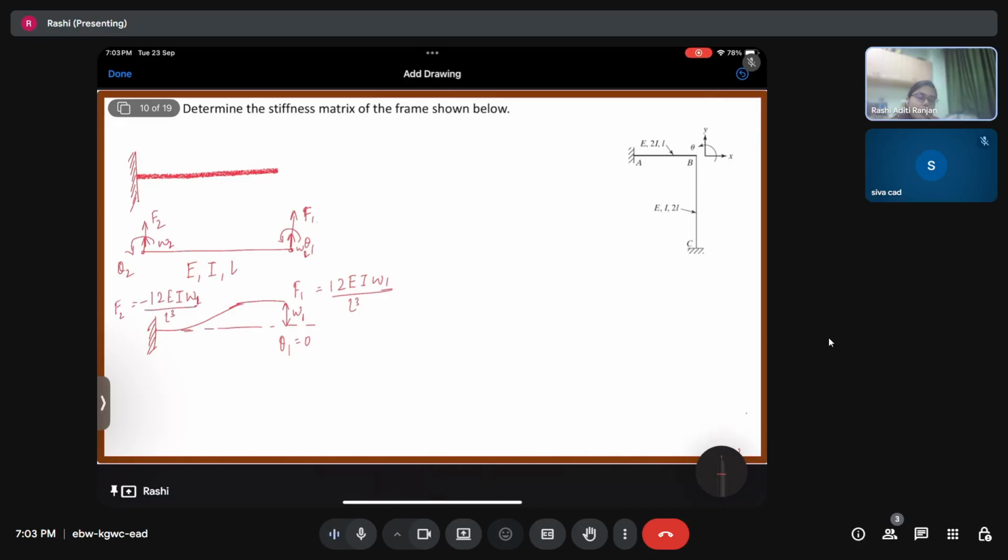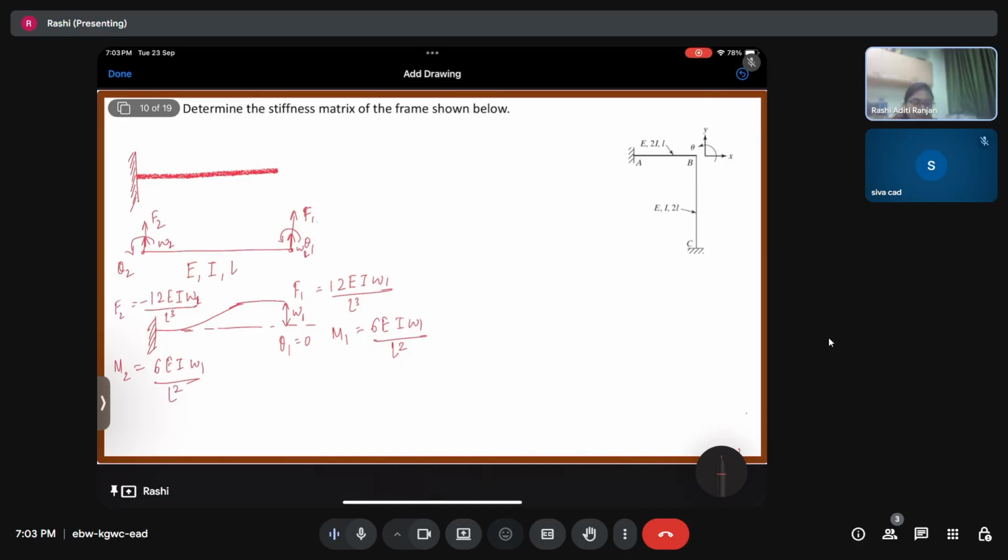And then there are moments which may be written as 6 EI W1 by L square, 6 EI W1 by L square.